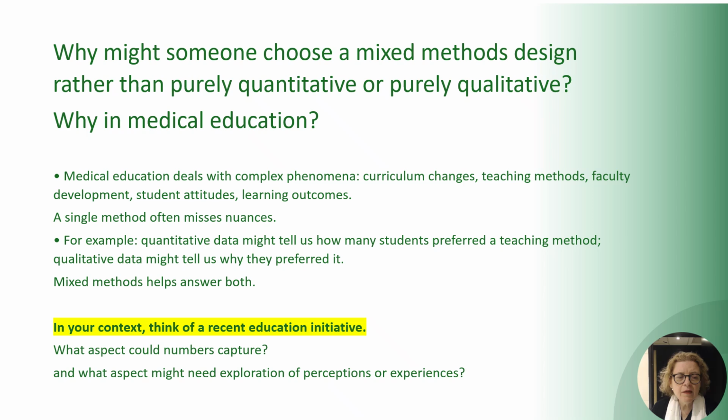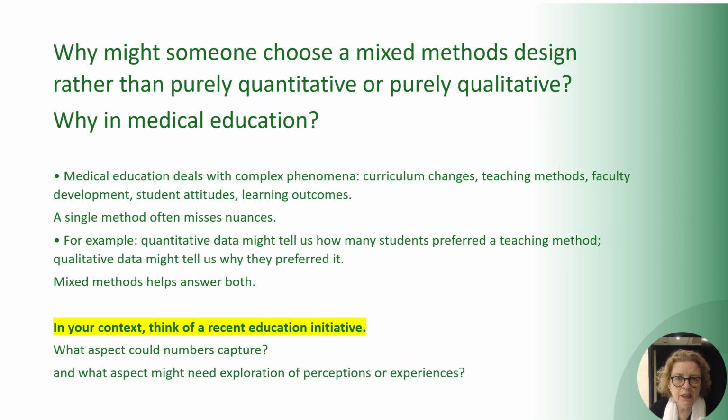So clearly some people are purists. They would say, just do quantitative, just do qualitative research, keep it simple. So why would you bother, for example, in medical education, which can be very complicated, to use both? So the central argument is that the example we're looking at today, medical education, is a complex phenomenon.